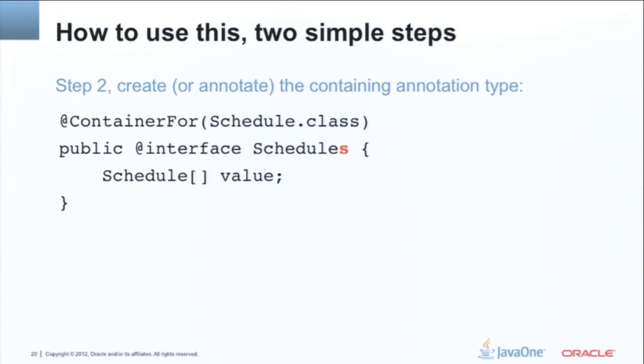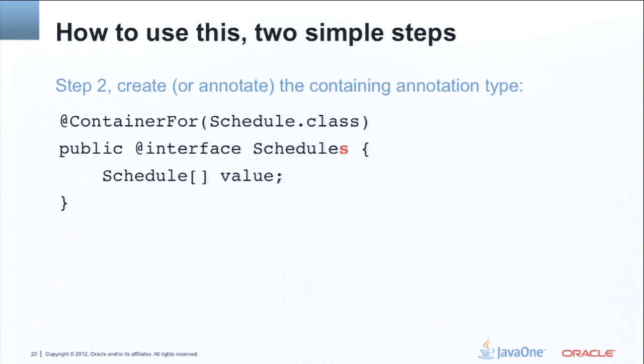And on the Schedules side, you annotate your container with an annotation called ContainerFor, saying, I am the container for this annotation. It also needs to have a value element that is an array of the annotation it is a container for.